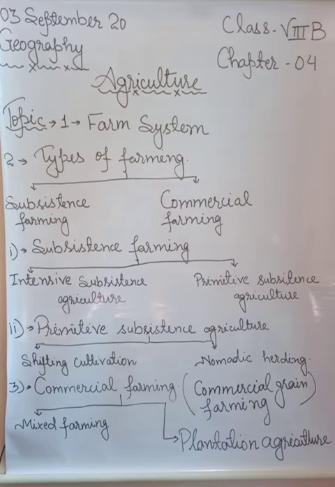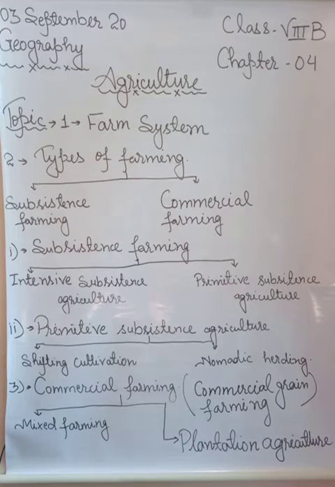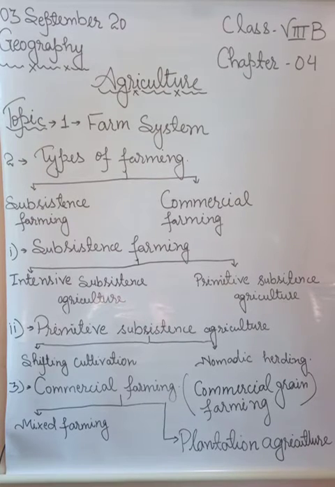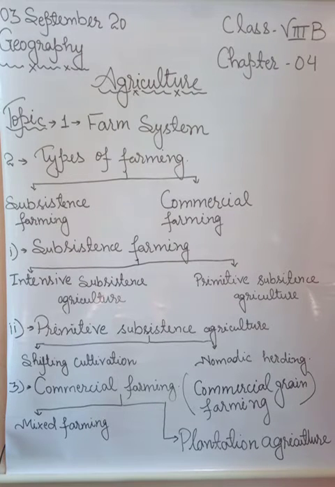And students, the animals mostly reared by the people are sheep, camel, yak and goats. Okay? Because these animals provide milk, meat, wool, hides and other products to the herders and their families.